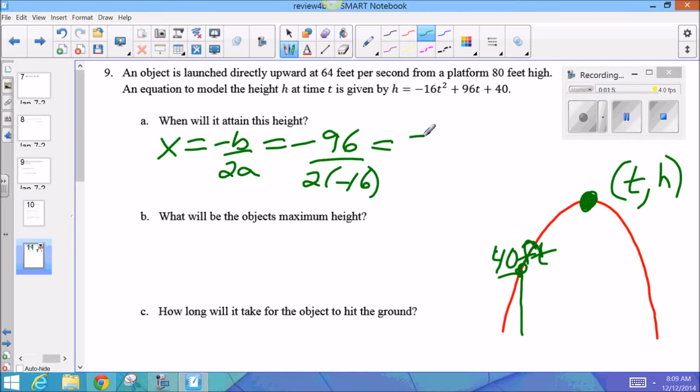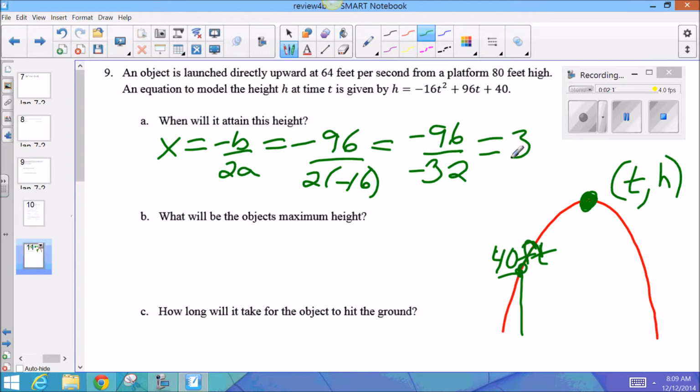So I've got negative 96 over negative 32. And now negative 96 divided by negative 32 is positive 3. Okay. All right, so at 3 seconds, it will attain its maximum height, but that doesn't answer the question.